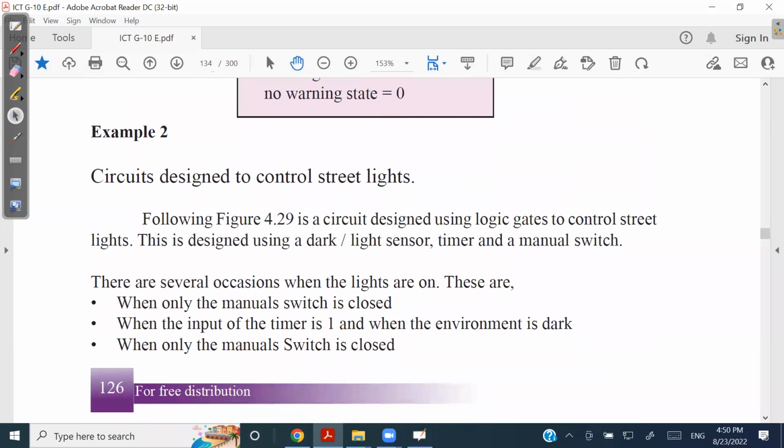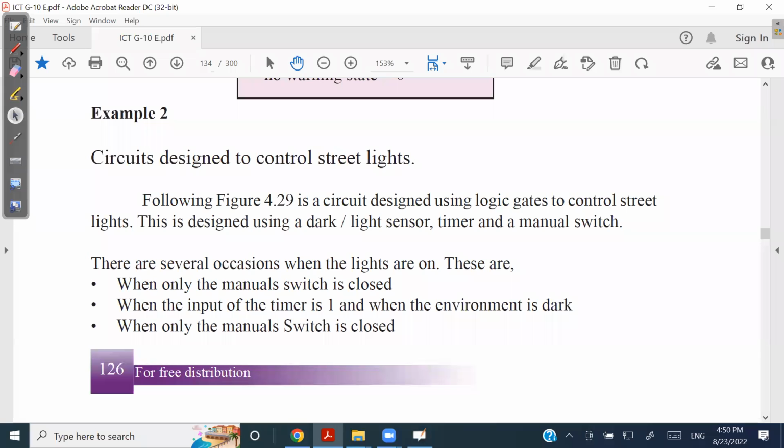So the second example that they are talking about here is the street light, right?